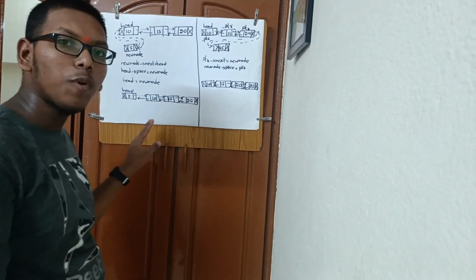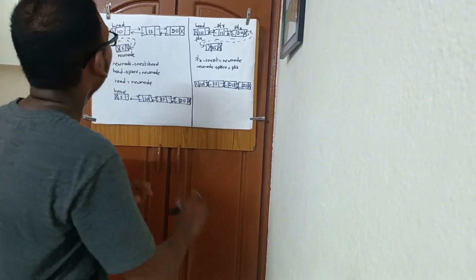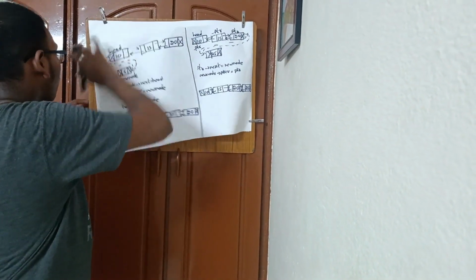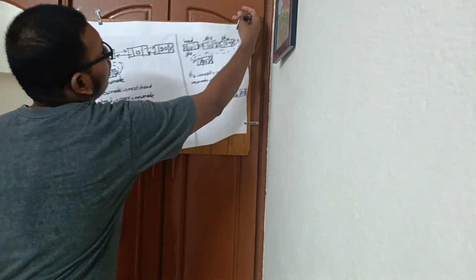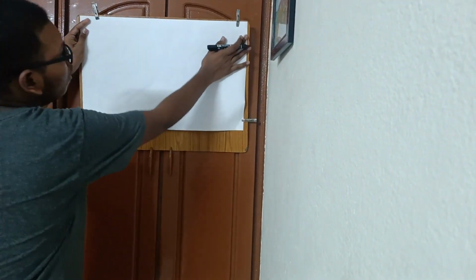So now we have performed insertion at the beginning and also insertion at the end. Now we are going to perform insertion at the middle, after a node with given data. Let us consider the following double linked list.